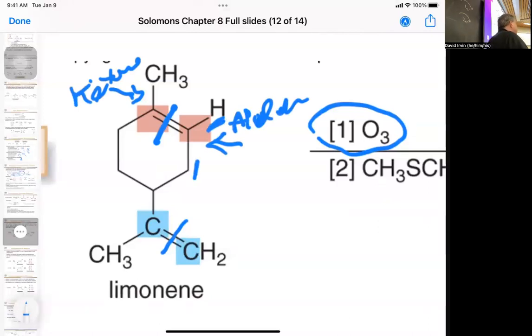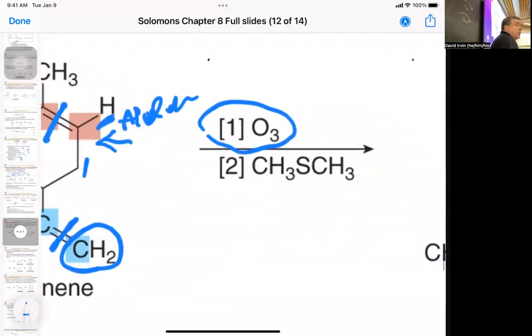That's why we learned all the functional groups in chapter 2. So then on this side here, we're going to get a ketone. But this is going to turn into an aldehyde, a one carbon aldehyde, okay? Because we're using dimethyl sulfide, a reducing workup.